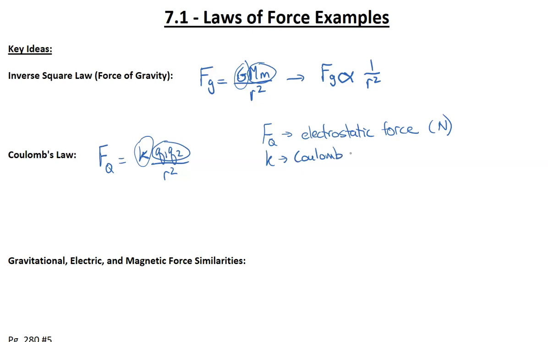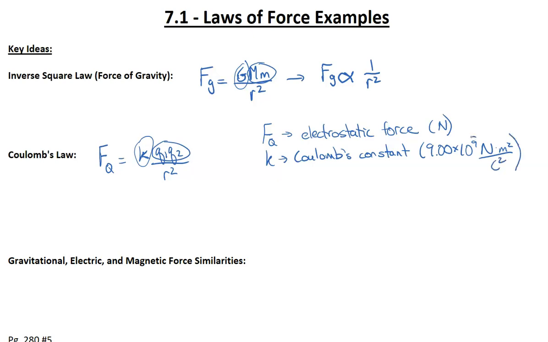You might wonder what that actually is. Coulomb's constant is a value of 9.00 times 10 to the 9. And because we're not dealing with mass here, the units are going to be Newton meters squared, as it was before for G, but it's per Coulomb squared.